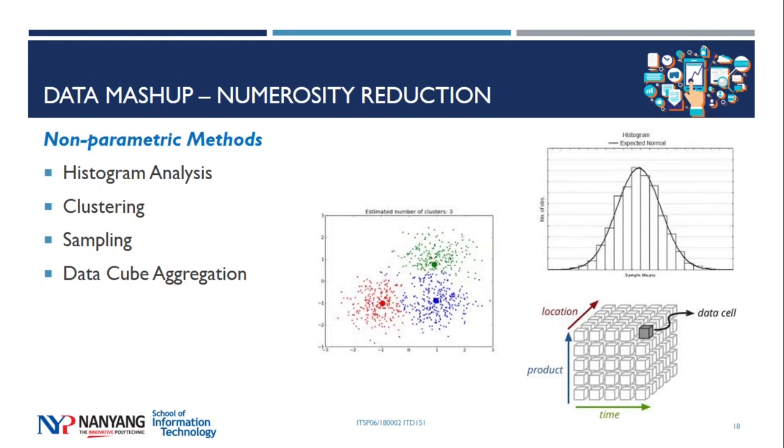interval. Clustering, as the name suggests, means we want to cluster our data, so what we do is put the data points that are similar together. In the example here, you can see 3 clusters: red, green, and blue. Points that do not belong to any of these clusters will be identified as outliers, and we can remove them.